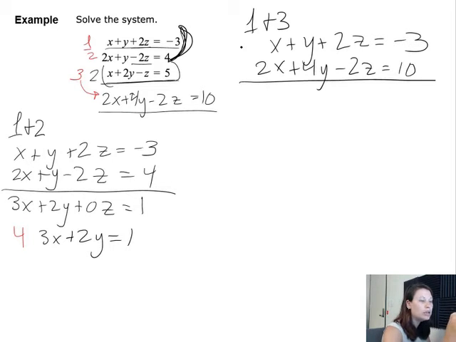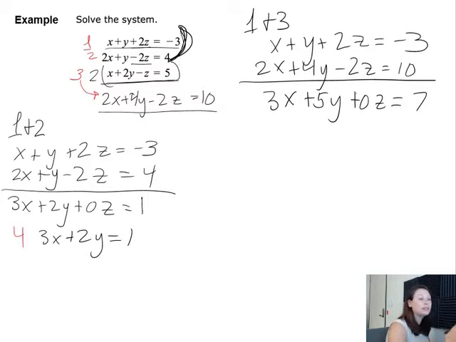Add down, and we have 3x plus 5y plus 0z is equal to 7. Now I'm going to write this equation down here with 4. That one's number 5, and we have 3x plus 5y is equal to 7.